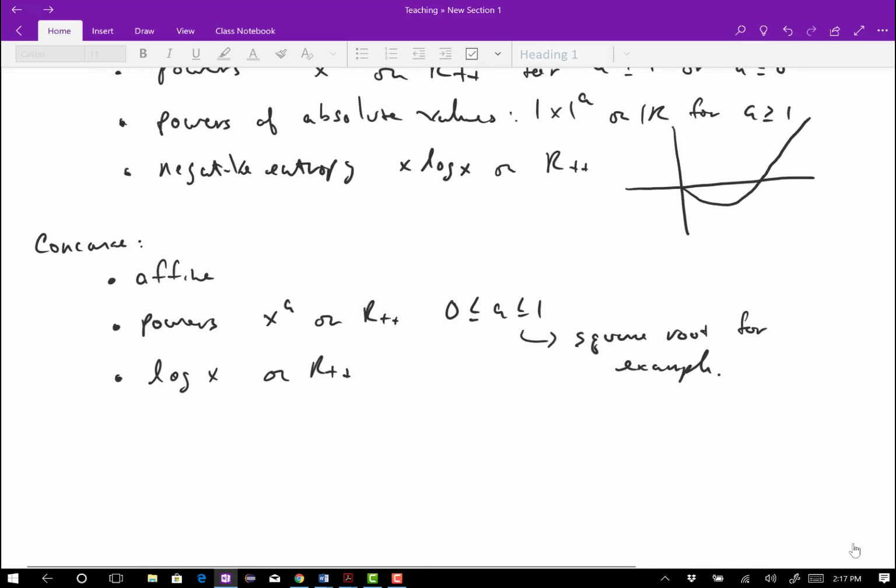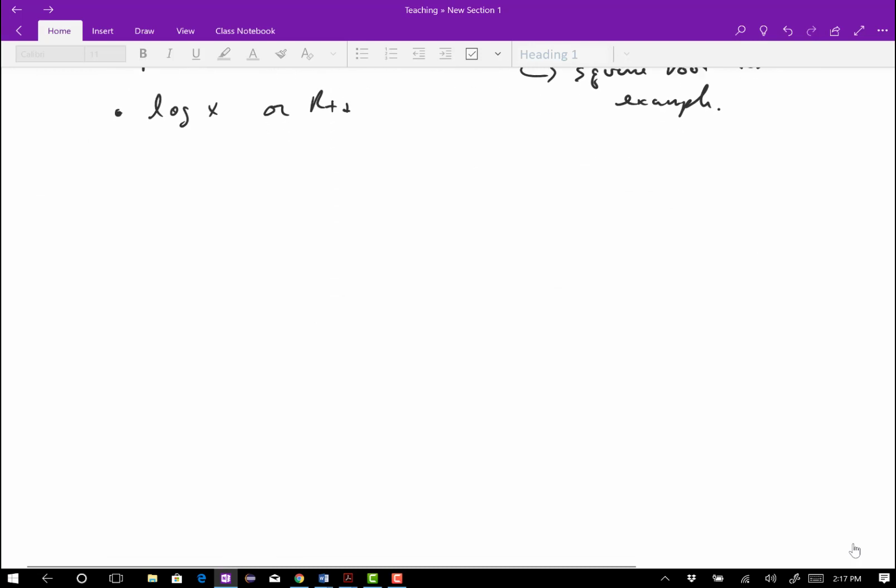These examples of convex and concave functions, but we can also have examples from Rn and from R m by n, right?